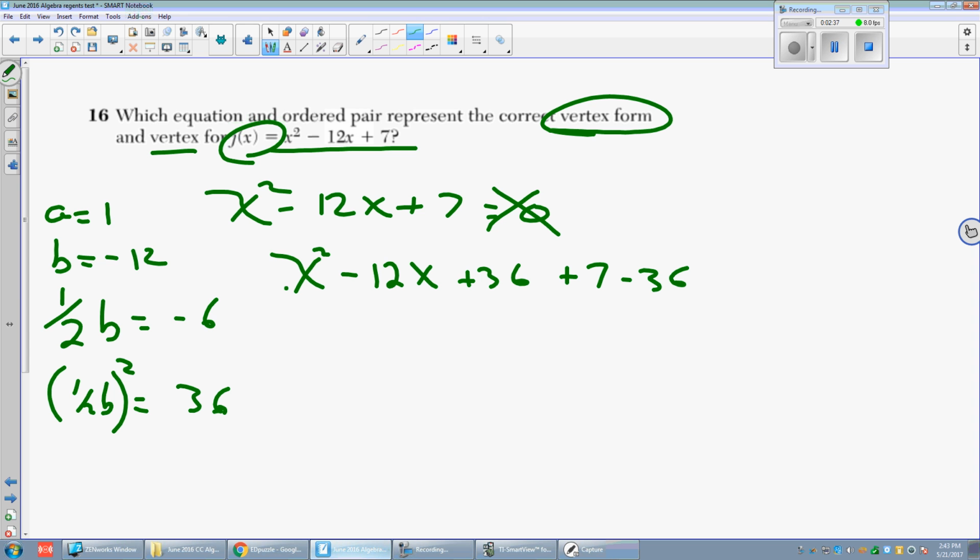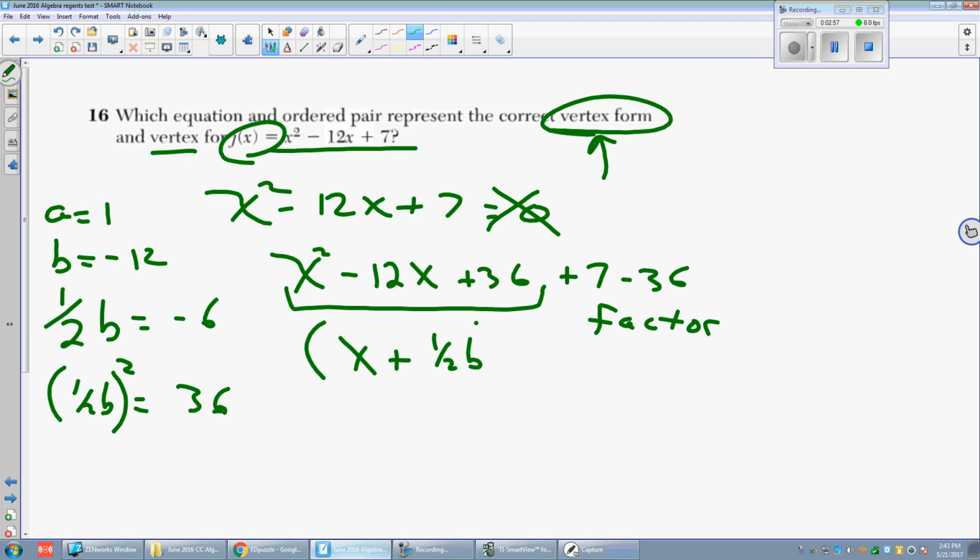Okay, now, what's the deal with completing the square and the vertex form? I am going to factor that. It always factors to be x plus half of b, quantity squared, and then all that stuff comes down, plus 7 minus 36.